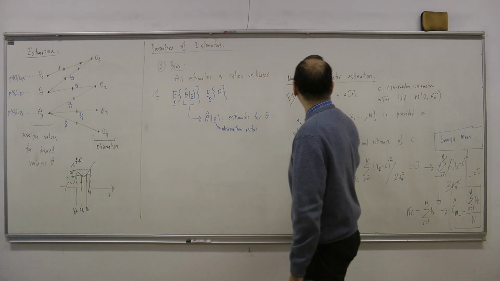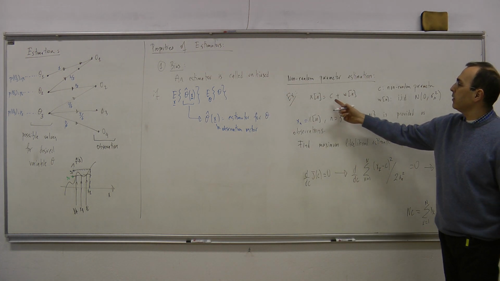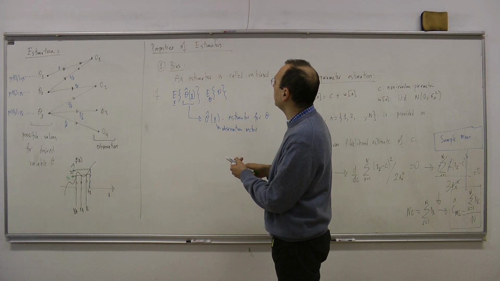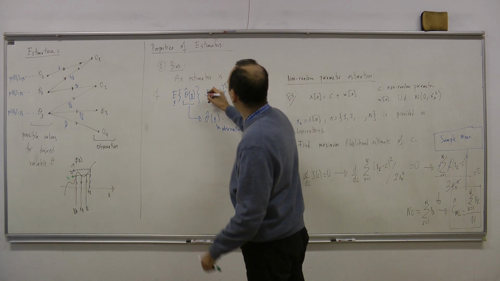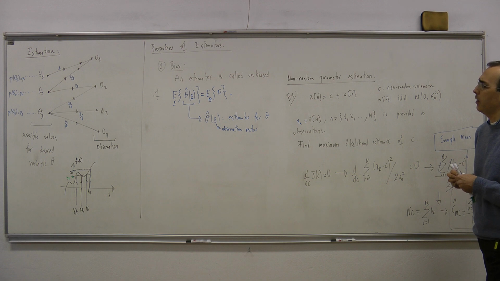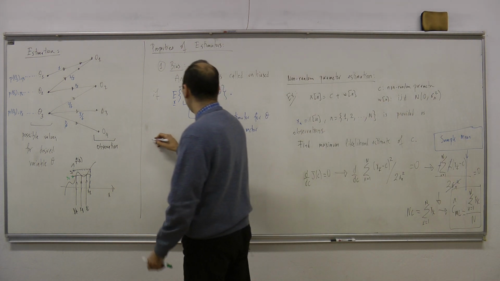In this example, C is non-random. So this is the definition. It's called unbiased if this is equal to this.